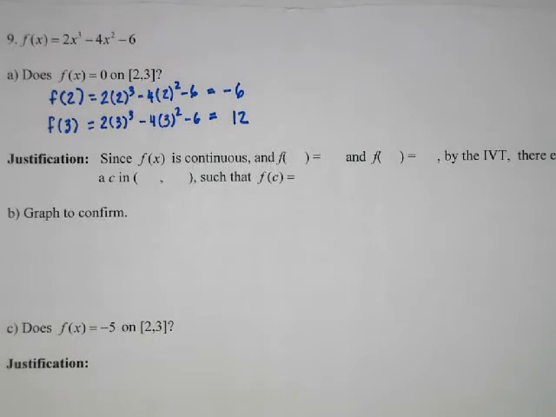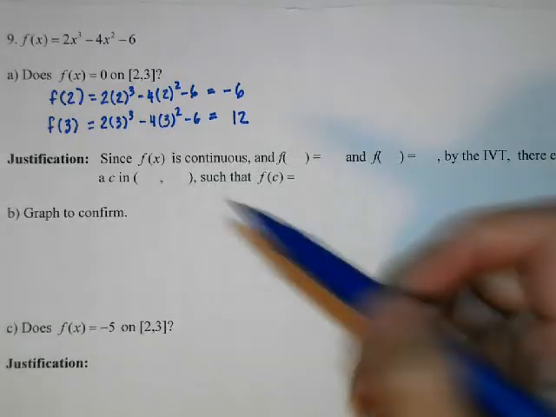So when you're taking the AP test, they will have questions like that. And they'll say, does f of x equal 0? And you can't just say, well, yeah, duh. You have to have a formal justification. So the formal justification is going to look like this.